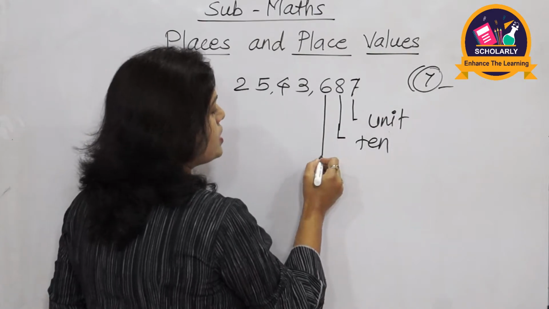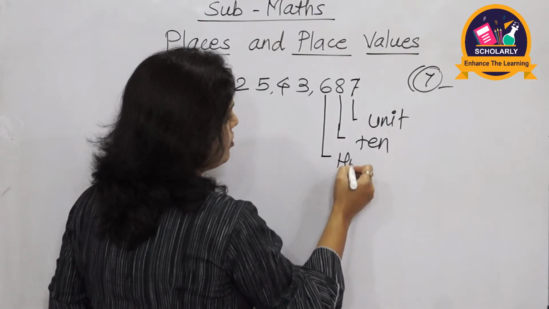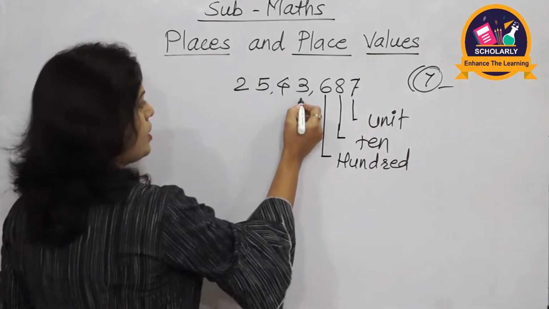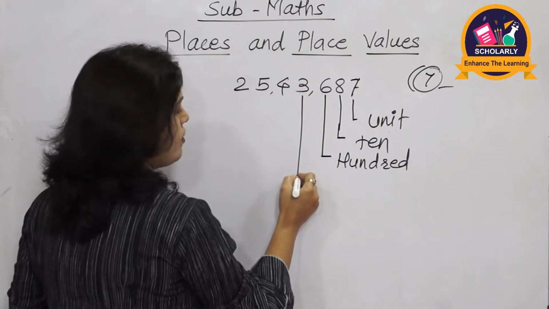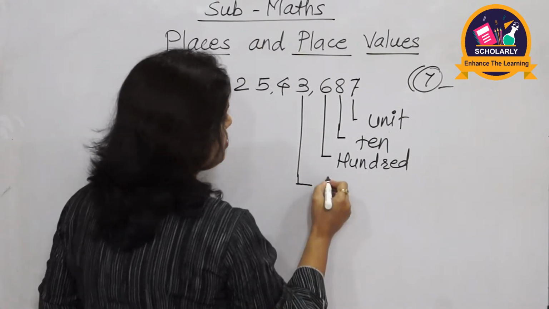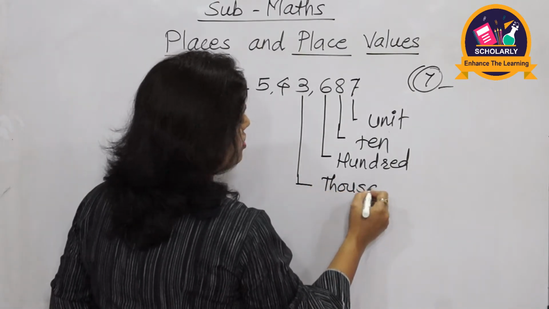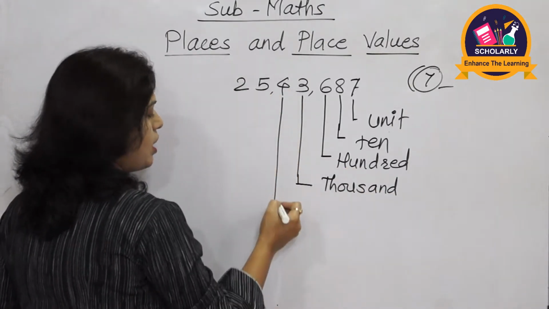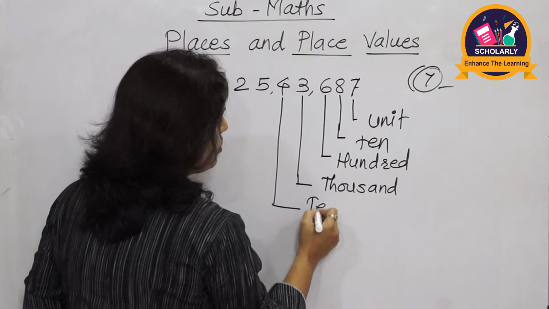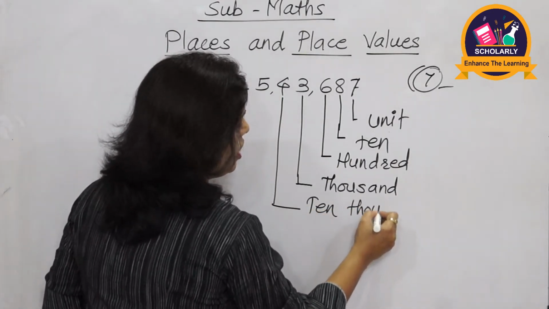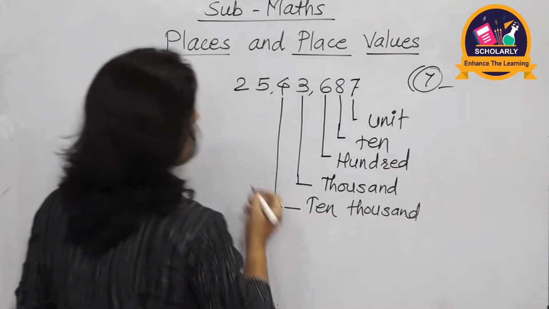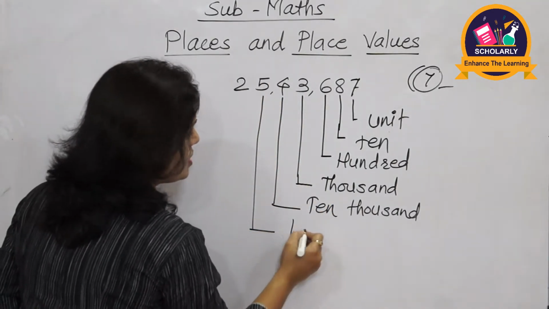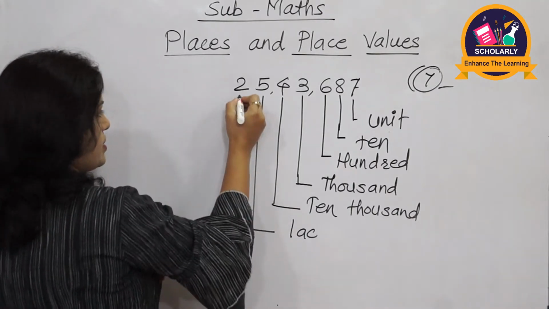At the left of this 10 place, we have 100 place. Then again to the left, the place comes, that is a thousands place. Again coming to the left, we have a 10,000 place. Next to 10,000, the place comes, that is a lakh place.